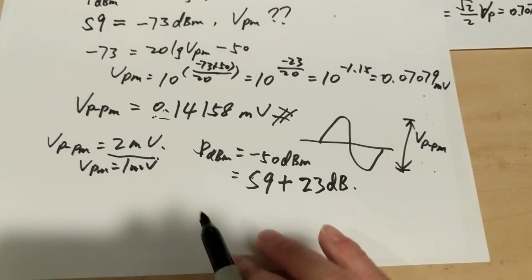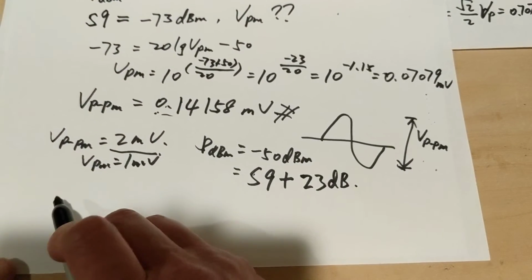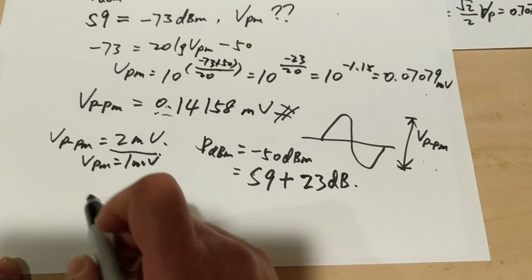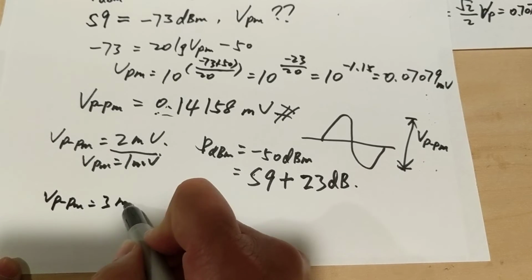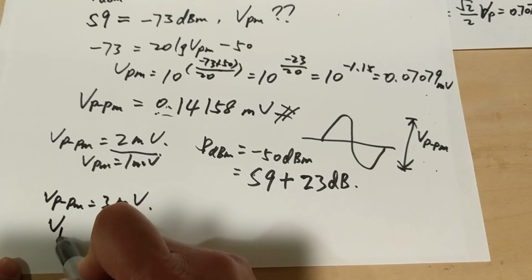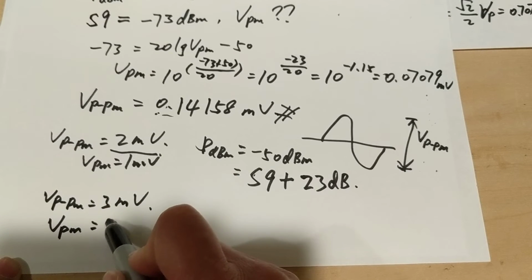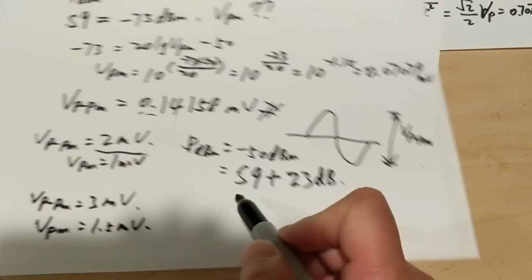Okay, so that's if I shoot 2 millivolts. If I shoot 3 millivolts P2P, it's equal to a peak value of 1.5 millivolts.